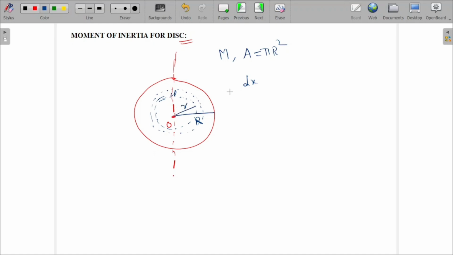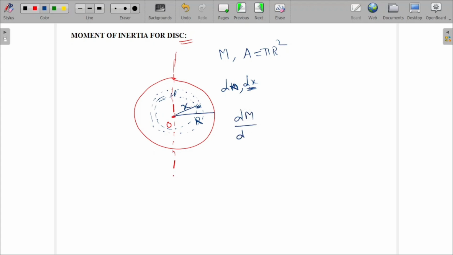That particular mass is dm. Let it be x, no problem, as we have considered dx, so let it be x itself. Now if you cut this part alone, it is also like a ring only, right?